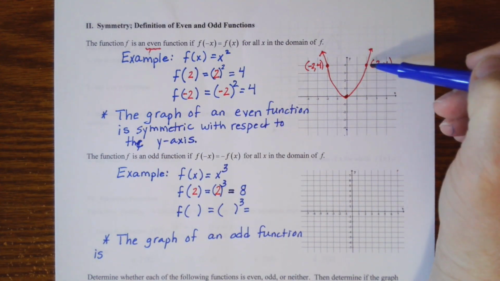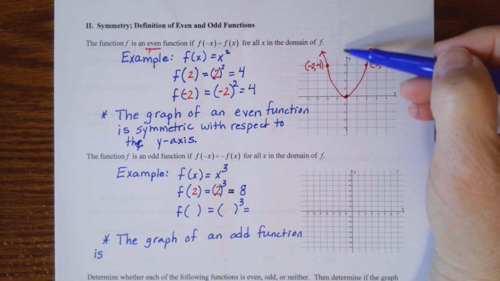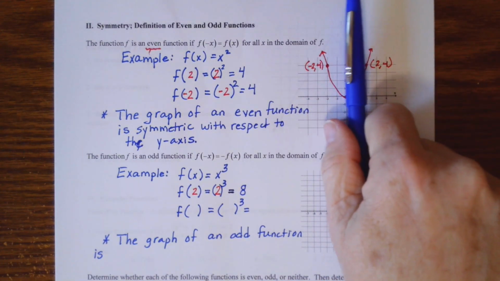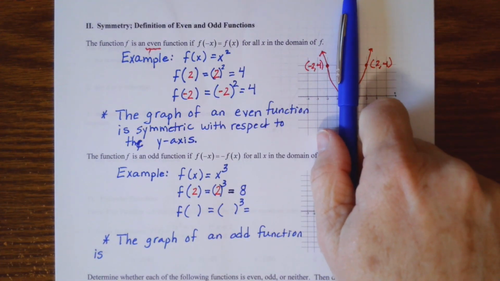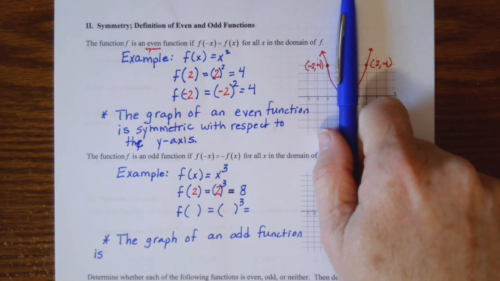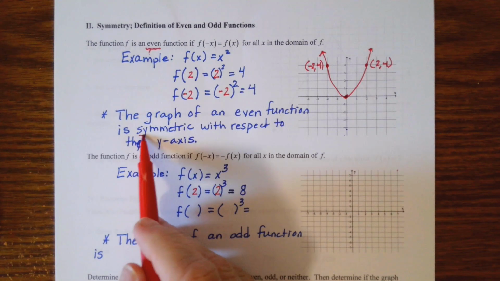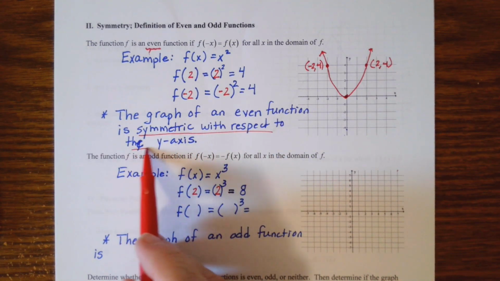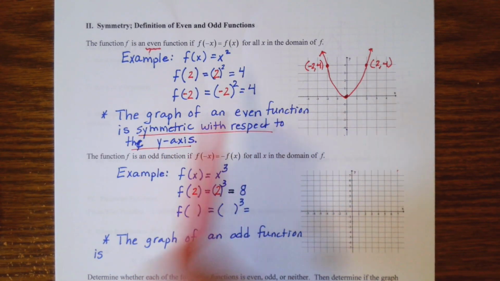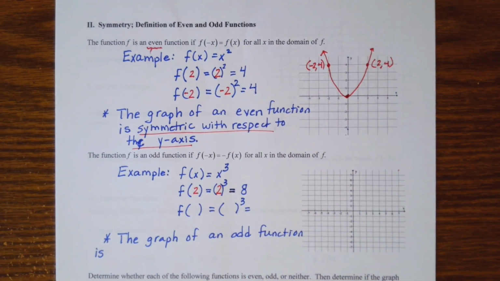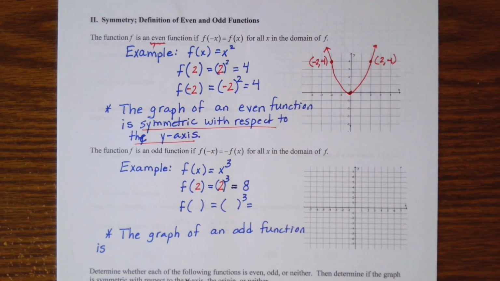Symmetry means we have a mirrored effect. Here's our y-axis. If we were to put a mirror here, we're getting the same picture. So symmetry with respect to the y-axis, we can call it an even function. And again, we're not redefining, we're just giving it another name. We're just looking at our functions.